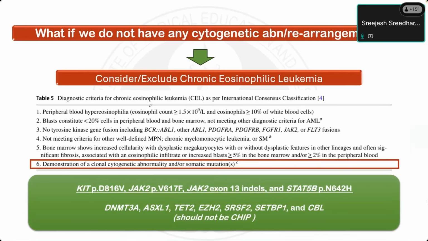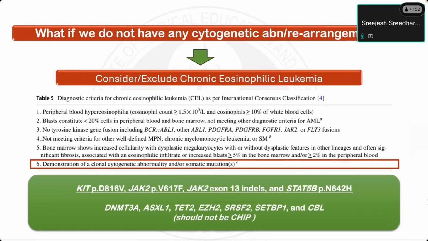So the next thing to consider is chronic eosinophilic leukemia, which is characterized by peripheral blood eosinophilia, blasts less than 20%, no tyrosine kinase gene fusions. It does not meet the criteria for other well-defined myeloproliferative neoplasms.